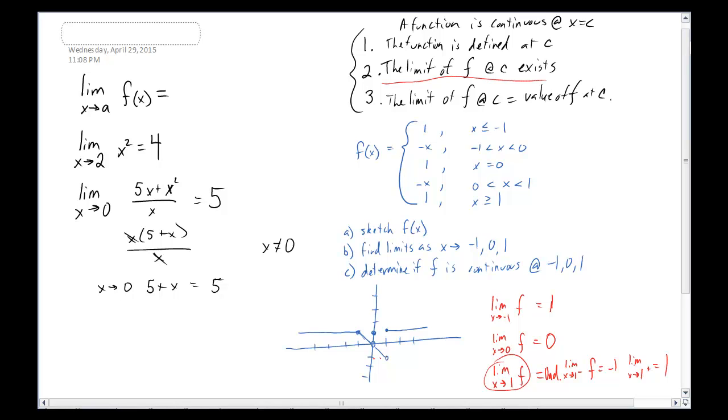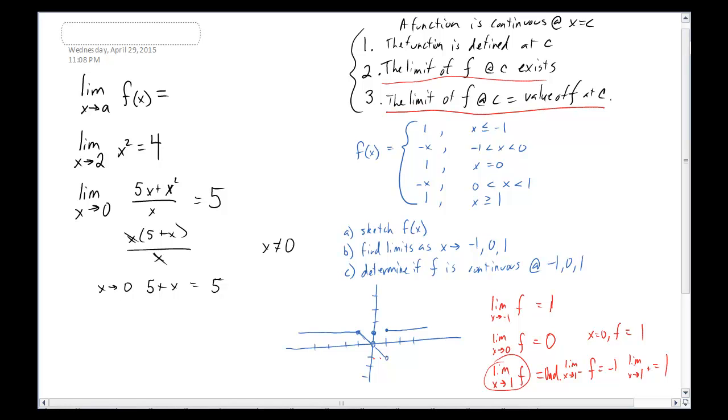All right, the next one we would look at, we could look at either of these. If we look at the limit as x approaches 0, we got 0, but what is the value at 0? If x equals 0, f is equal to 1. So that then violates number 3: the limit of f at c is equal to the value of f at c. I have different values, which means that it is not continuous at that point.